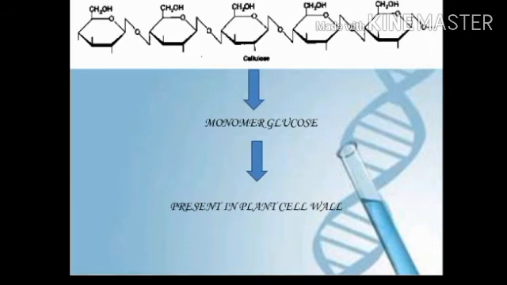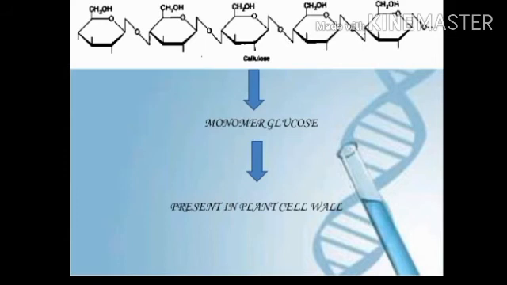If monomer units of glucose are joined with each other to form a long chain, then it forms the cellulose molecule. This cellulose molecule is present in the cell wall of plant cells. Here we see the first glucose molecule joined to the second, then the third, then the fourth, and formed a long chain.